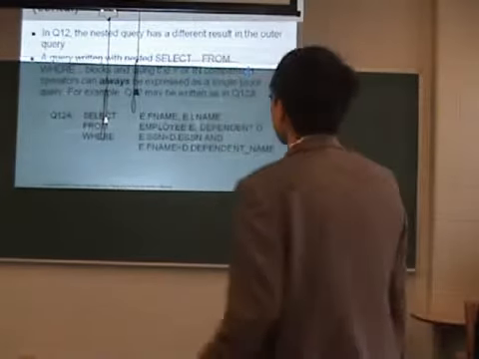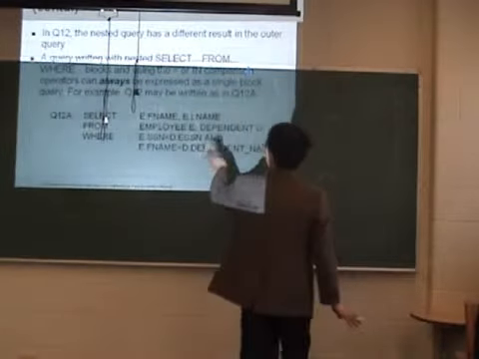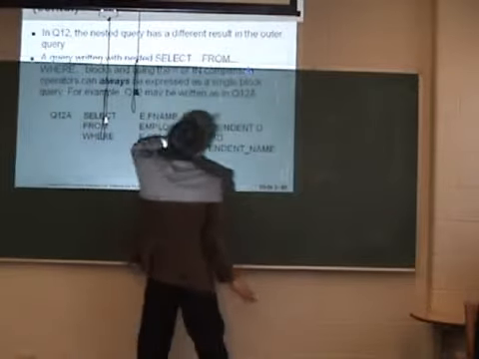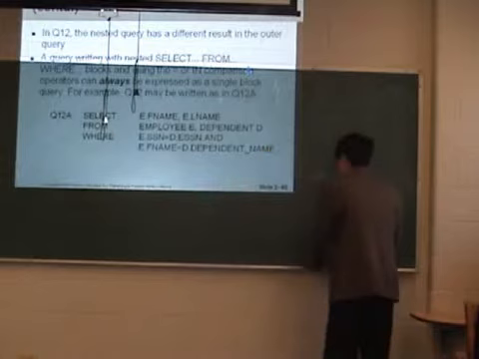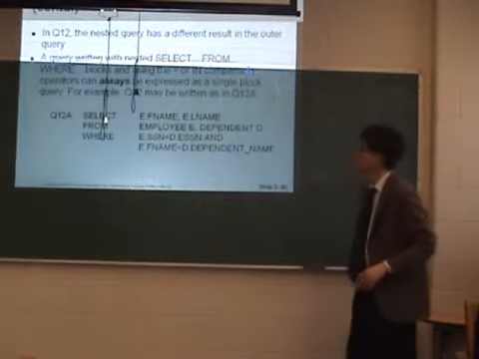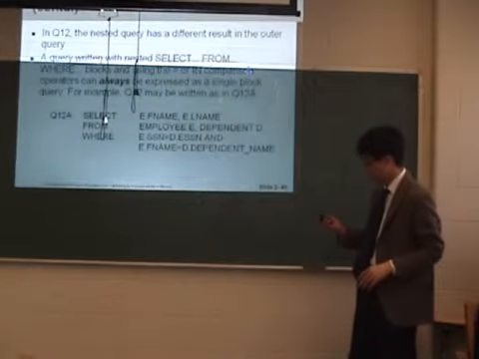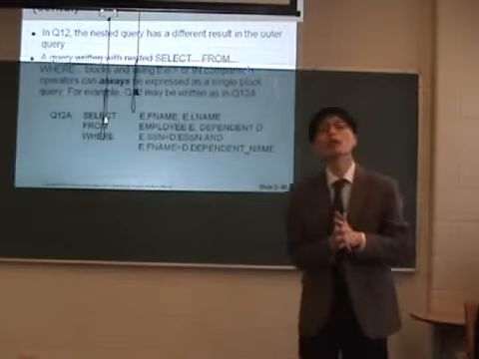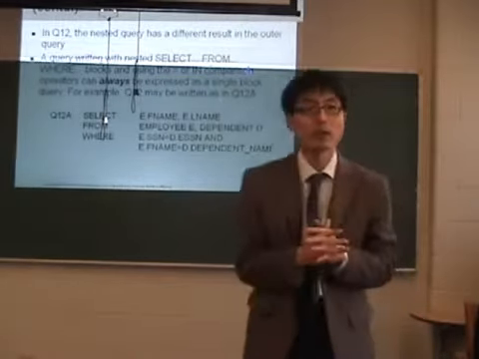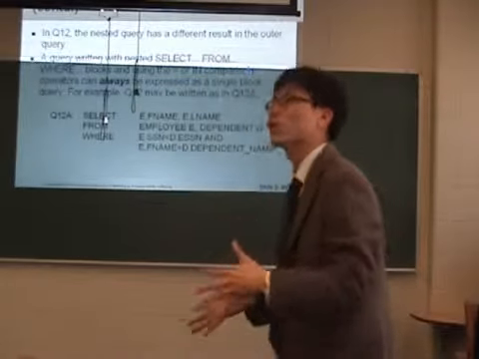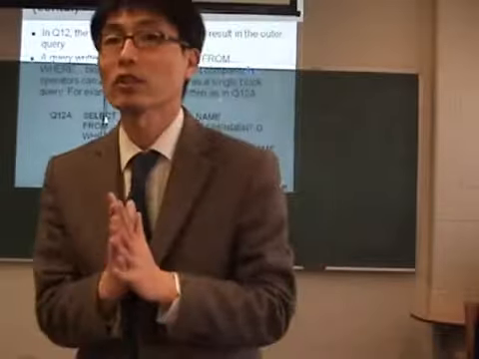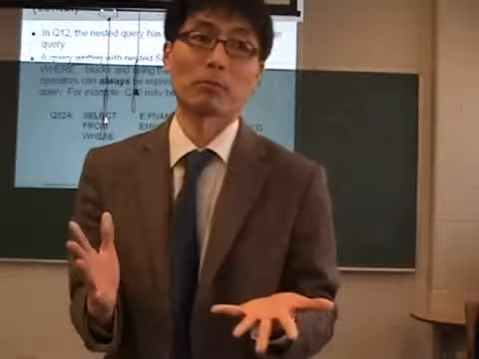Another example is the same query as the last one, but sometimes it's not nested; it's based on the join operation. Using the join operation, you can implement this, so it depends on your application type. In terms of the output, it's the same.